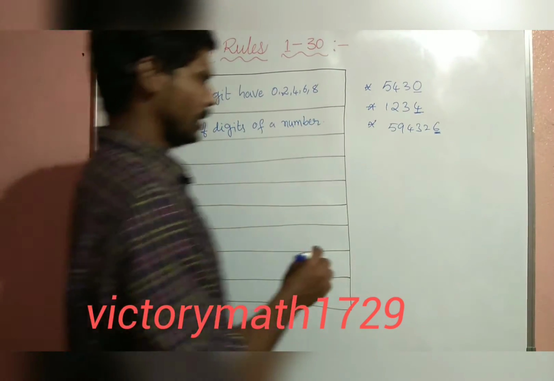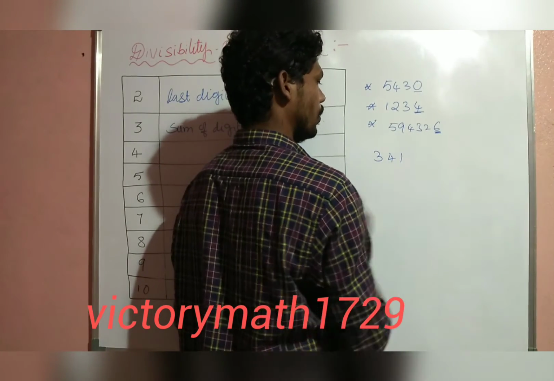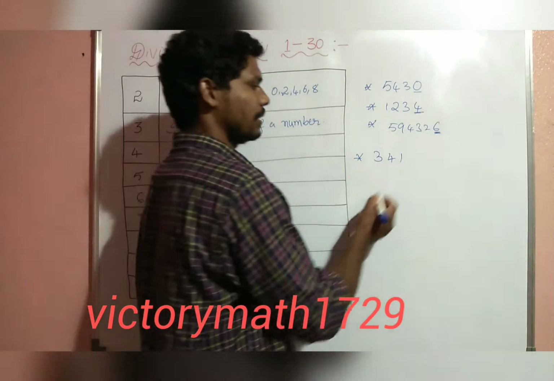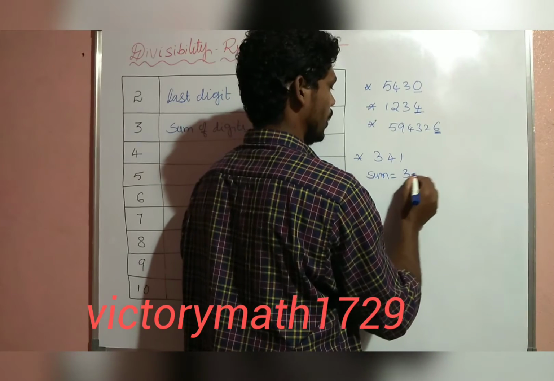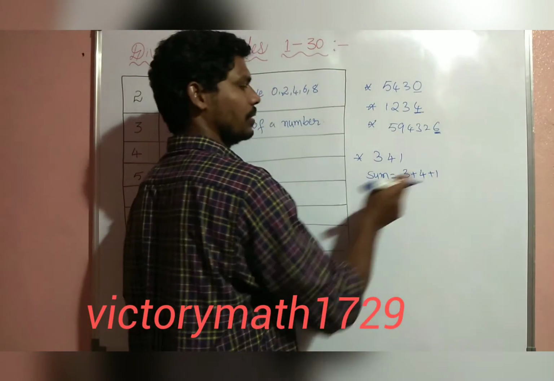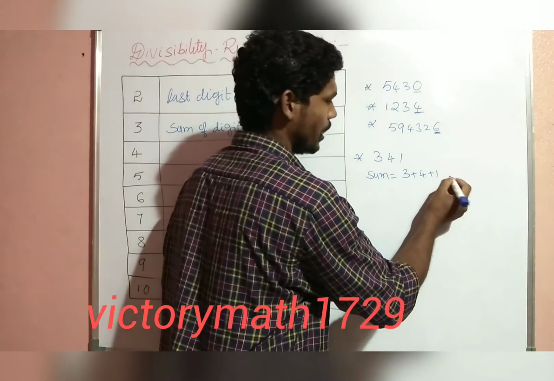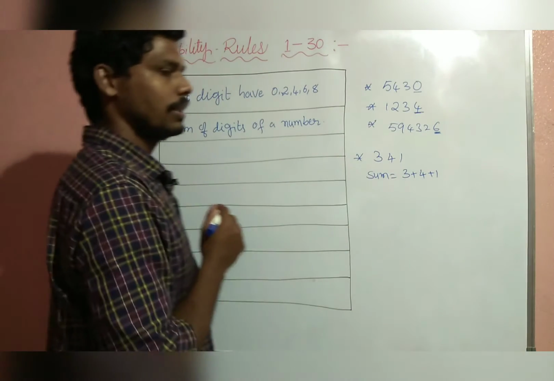For example, 341. Its sum is 3 plus 4 plus 1. Here 3 plus 4 is 7, 7 plus 1 is 8. Here the sum we are getting is 8, but 8 is not divisible by 3.